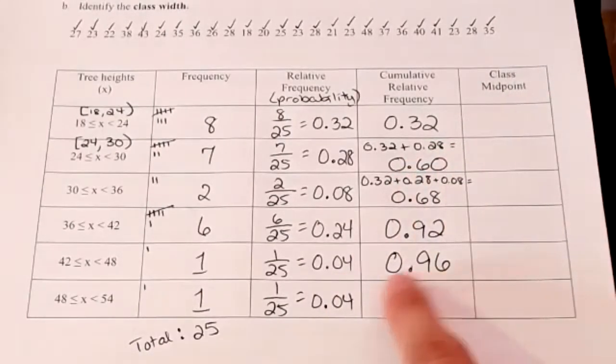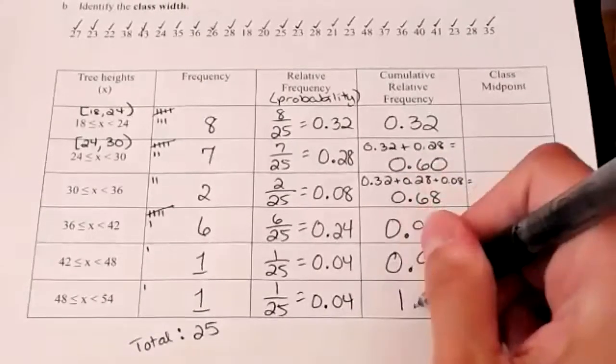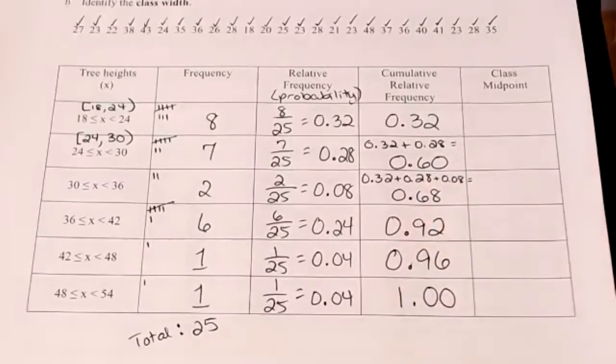Take the 0.96, add the last little bit here, 0.04, and guess what? It gives you 1, which should be no surprise to you because total probability is 1. That takes into account all of the trees that we measured. Perfect. Not bad, right? I love it.